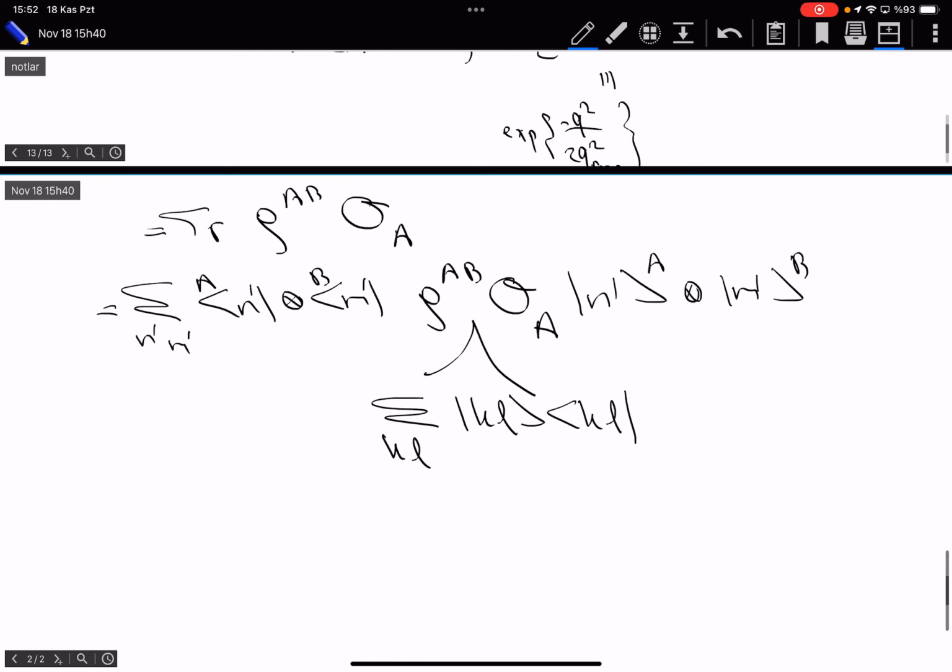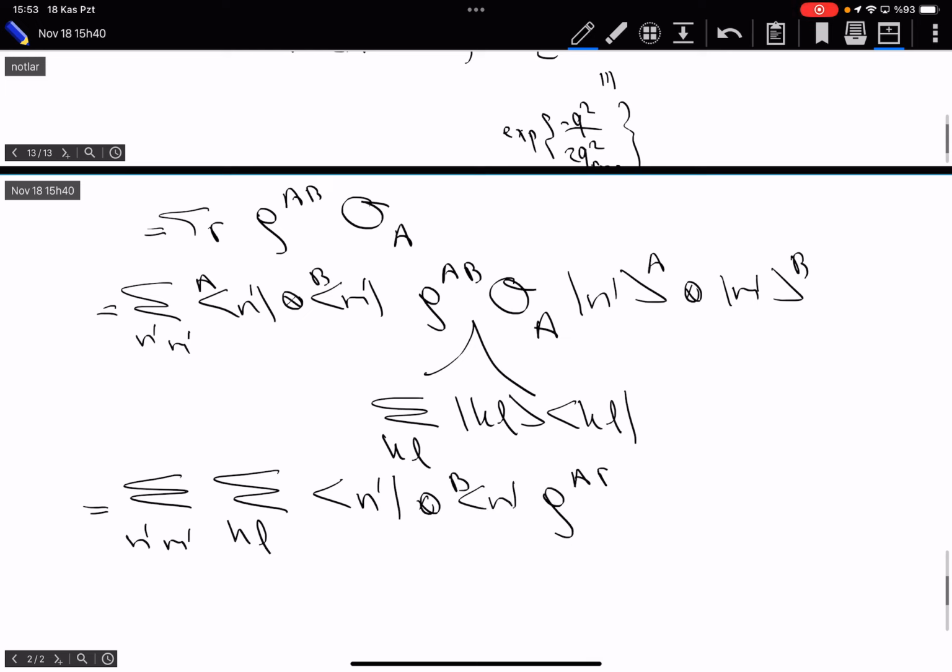So this becomes a sum over n prime, m prime, sum over K and L, of the matrix element n prime, m prime, rho AB, K L, times K L O_A n prime m prime.